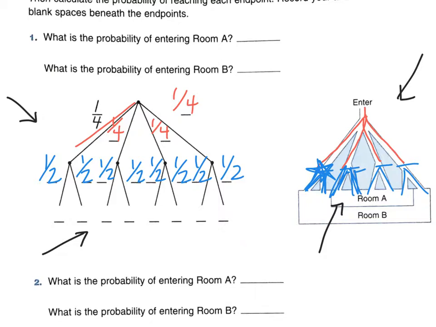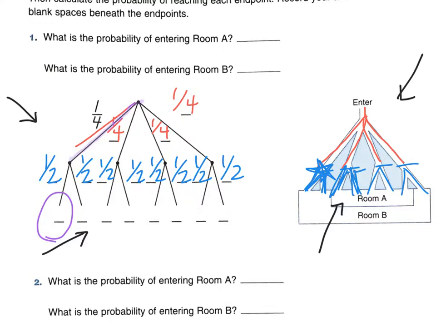Now we get down to the bottom, and we're not going to worry about room A or room B yet, but we have to determine what our final probability is to go through each of those different places. So here, for example, what I'm going to do to find my probability is multiply my branches of my tree diagram that got me there. So I'm going to use my highlighter.